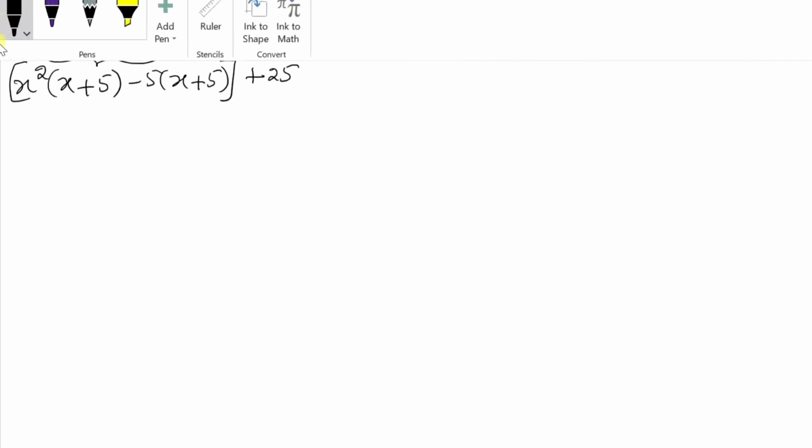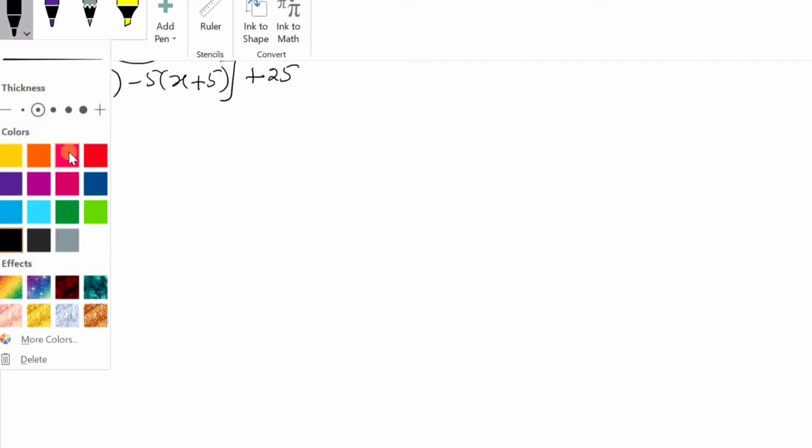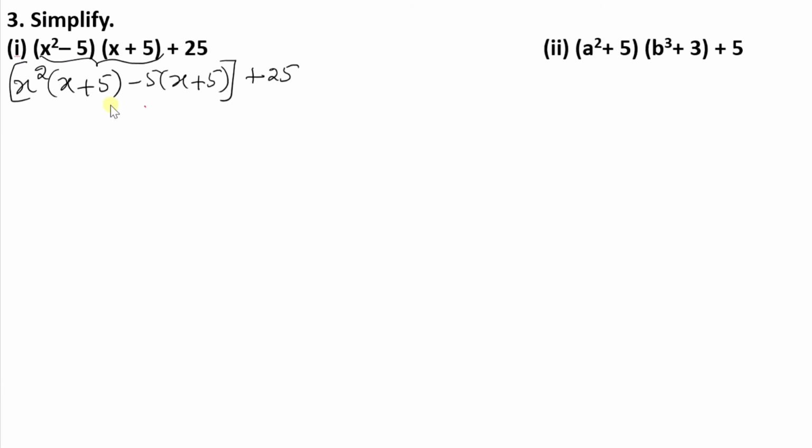Next, again this is the product of a monomial and a binomial. x square into x is x cube, plus x square into 5 is 5x square. Minus 5 into x is 5x, minus 5 into plus 5 is minus 25.